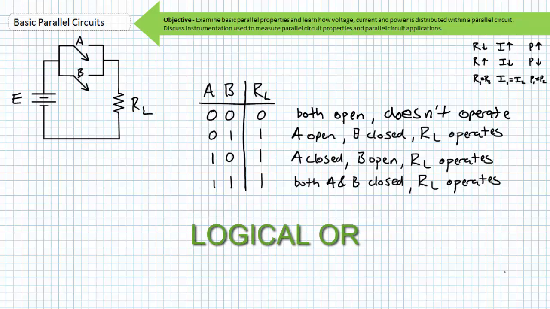This is the logical OR function, and it is something we'll discuss in later lectures on motor controls and digital electronics at some length. An application of the OR function might be the ability to operate the desired electrical load from one of several different locations. Switches electrically placed in parallel with one another enable this possibility.